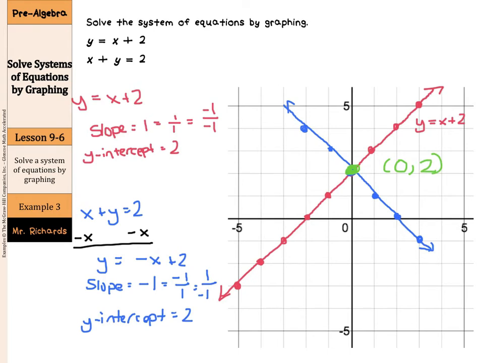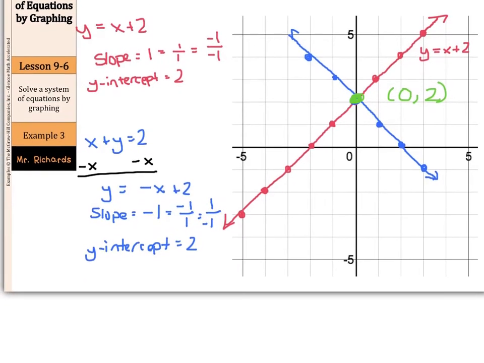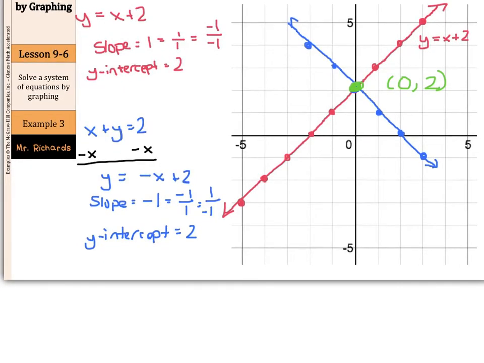So 0, 2 is our answer, and we are able to check this. The way we can check this is to say, well, my first equation, y equals x plus 2. If I'm saying that 0, 2 is my answer, if I put in a 2 for y and a 0 for x, does this work?